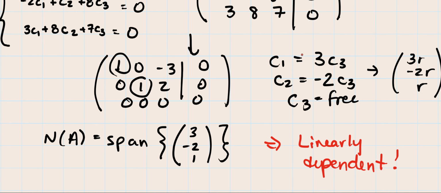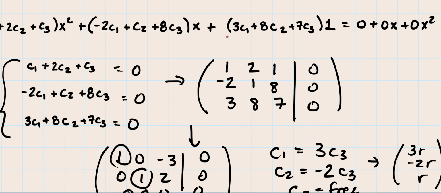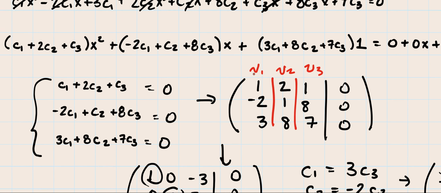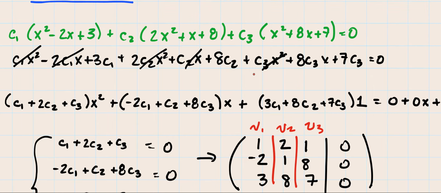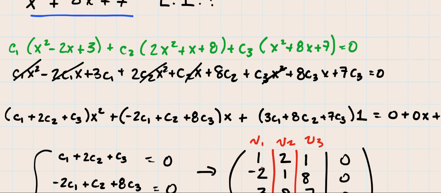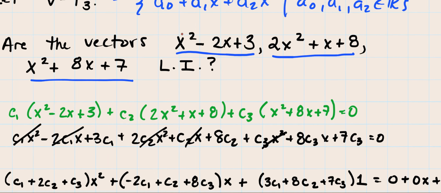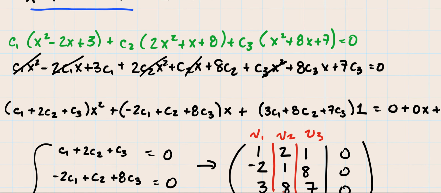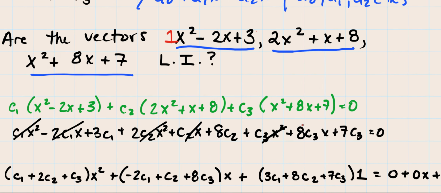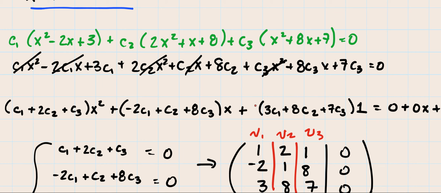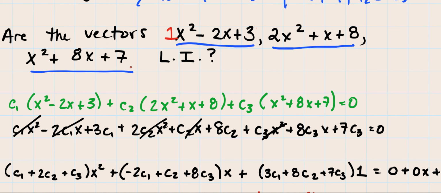I want you to also notice that when I made this matrix, we can think of this as V1, V2, V3 like we did before. But look at this compared to the original vectors. So we had 1, negative 2, 3. Look at the coefficients in front of this. This is a 1, a negative 2, and a 3. Here we have 2, 1, 8, and 1, 8, 7.